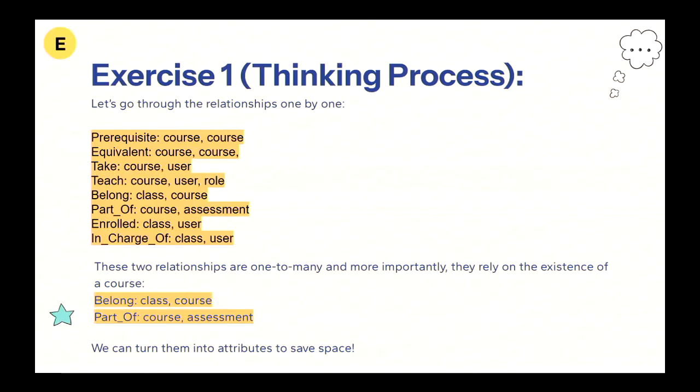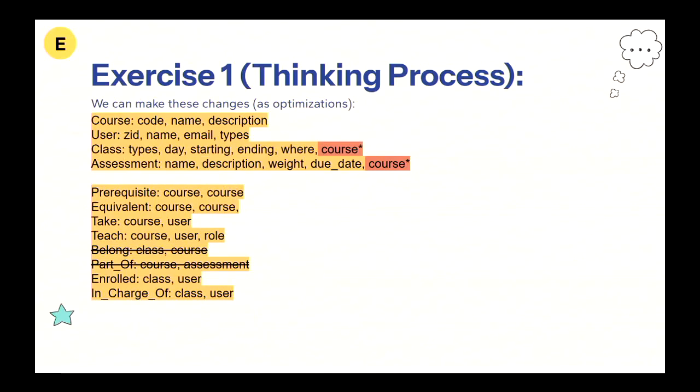So just like the reasoning process we have done just now, the relationships of belong and part of are one-to-many, and one entity of the relationship relies on the existence of another entity. So that's why they could be optimized, and we can turn them into attributes to save space. We can make these changes as optimizations.